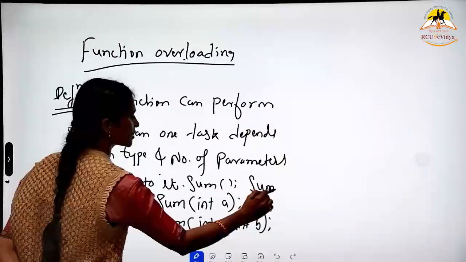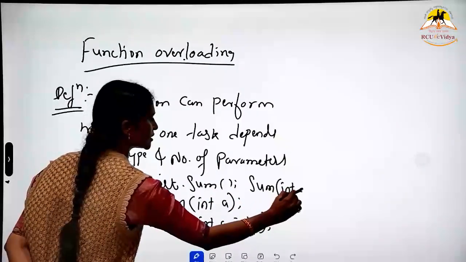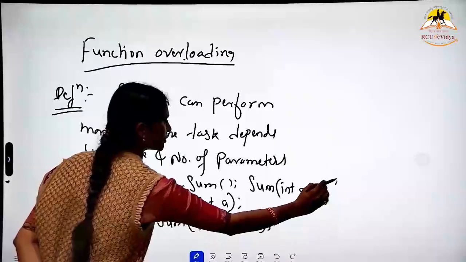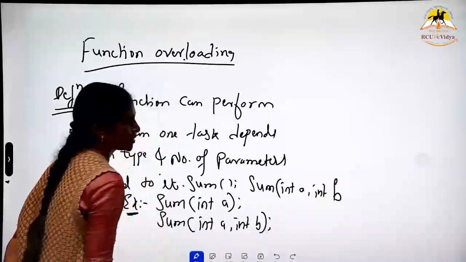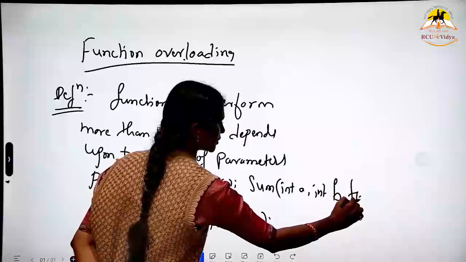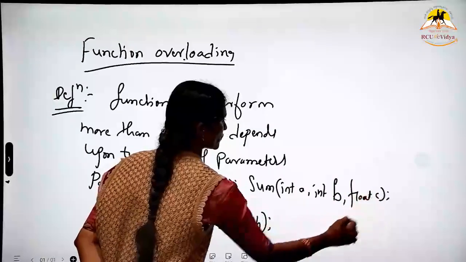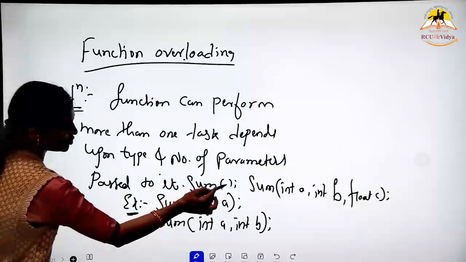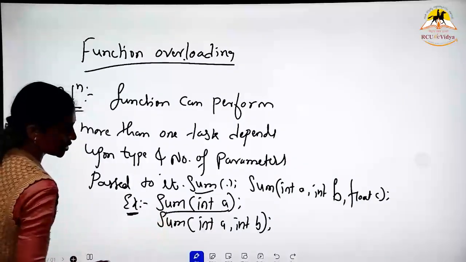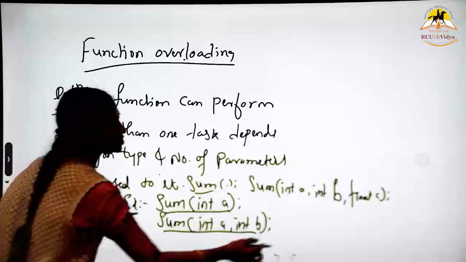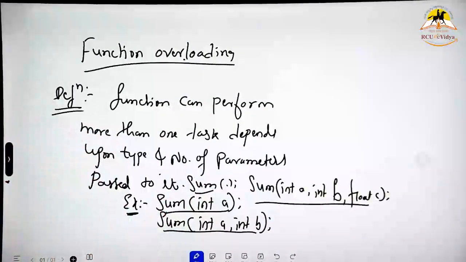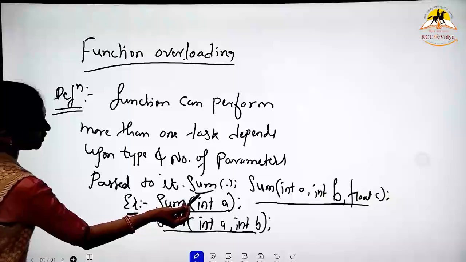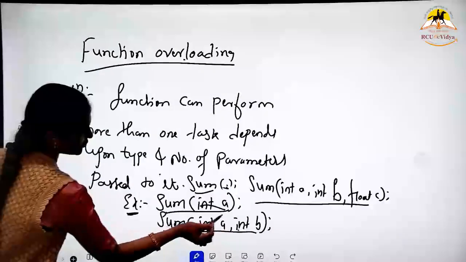Another sum takes integer a, integer b and float c. So these are different types of functions. Depending on the number and type of arguments passed, it overloads.